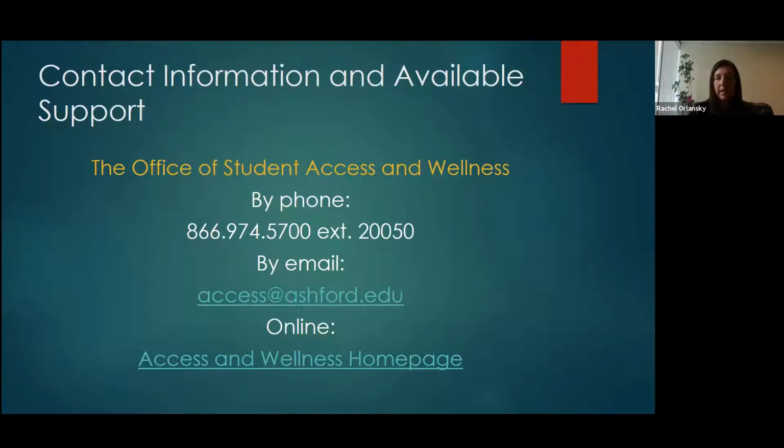Additionally, what you'll see on many authorized accommodation forms, especially for students with extended time, is a pre-authorized incomplete, if the student is meeting the guidelines or the threshold for an incomplete in the course.